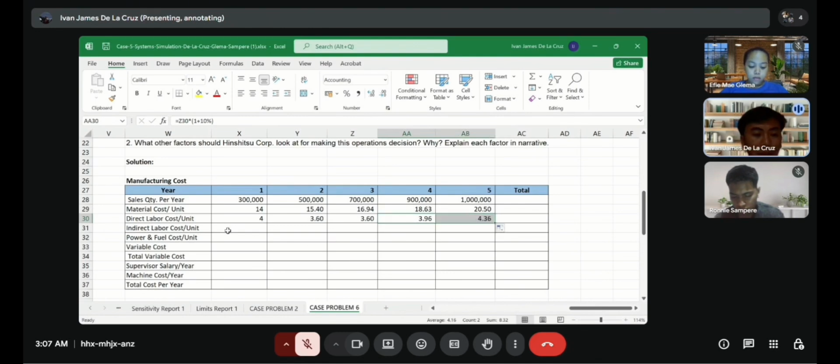So for the indirect labor cost per unit, it says that 50% of labor is done indirectly. So equal 50% of direct labor, and multiply.